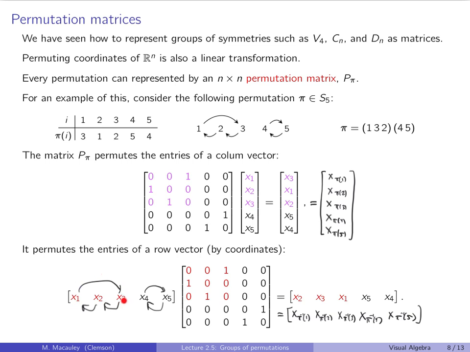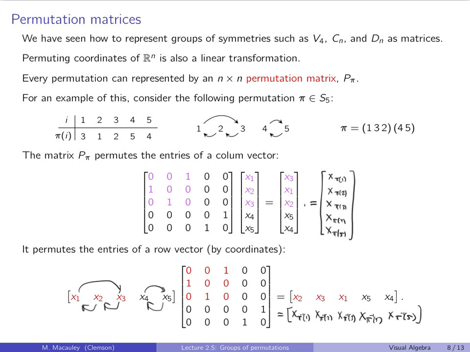Let's move the thing in the third coordinate to the second coordinate. Let's move the thing in the second coordinate to the first coordinate. That's what we get here. And what ends up here? The thing that ends up here is not where this gets mapped to. It's what maps to this. That is x of pi inverse of 1, and so forth.